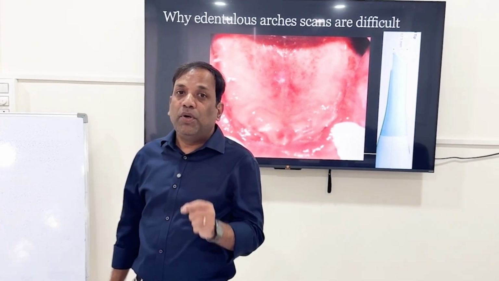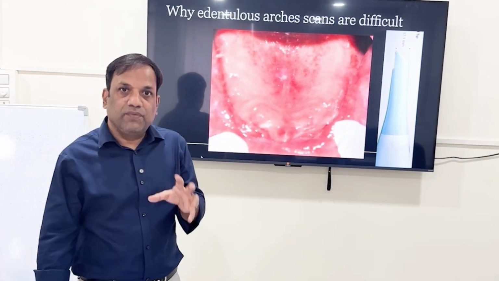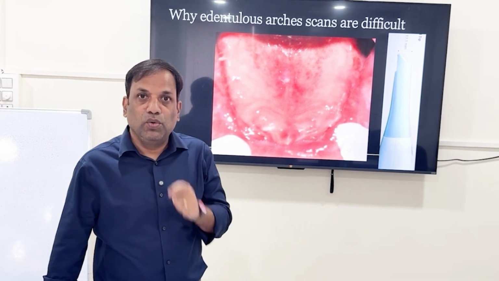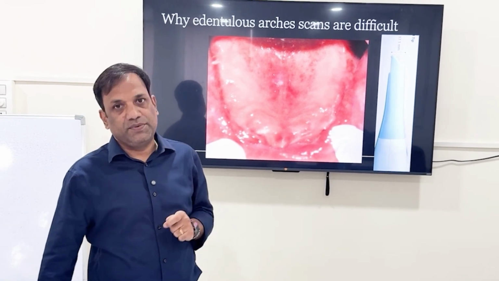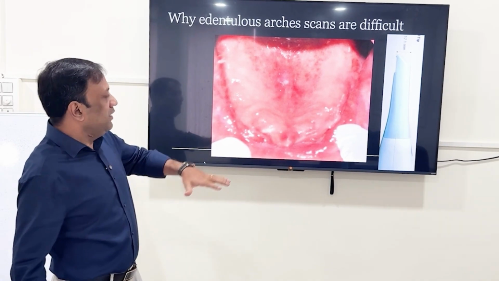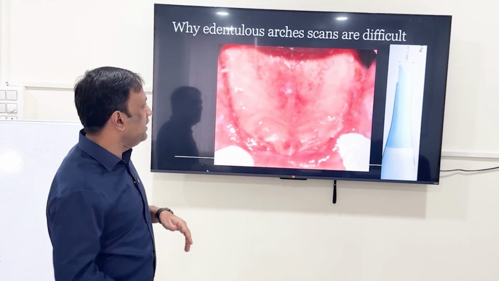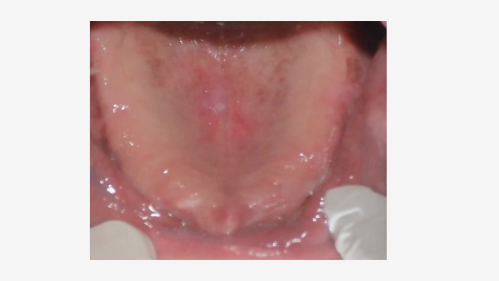Why are we unable to make a proper scan of edentulous arches, especially the edentulous lower mandibular arch? Now we understood that there is something called stitching ability, and for that I need images which can be easily overlapped.